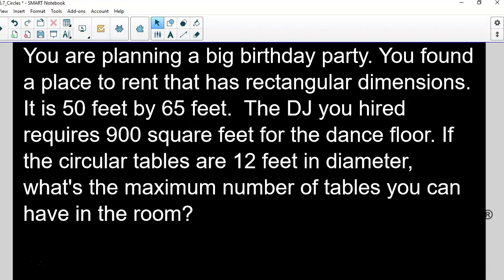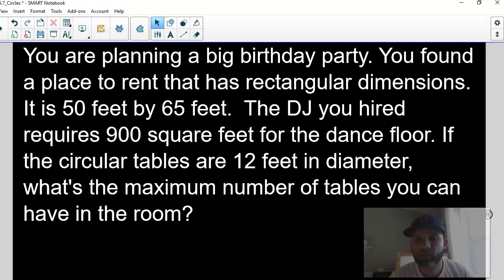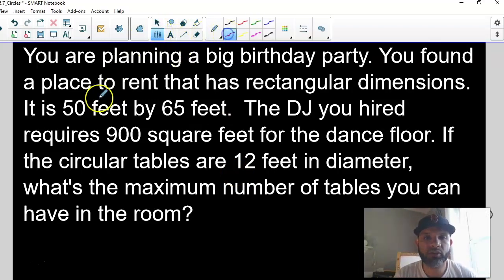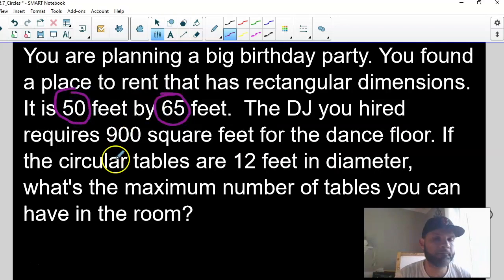All right, so let's go ahead and do cubes here. We read the problem. Cubes tells us to first circle the numbers. So we have 50 feet by 65 feet. We know that it's 900 square feet.